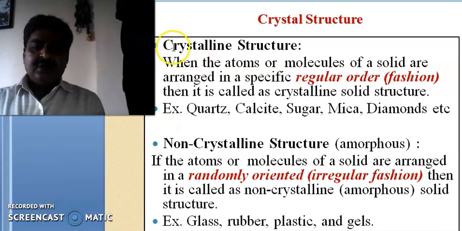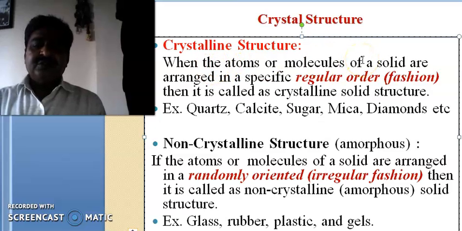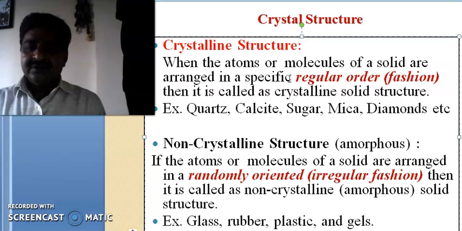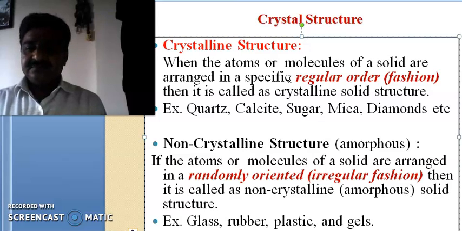Let us come to crystalline structure. What is crystalline structure? When the atoms or molecules of a solid are arranged in a specific or regular order, regular fashion, then it is known as a crystalline solid structure, or simply crystalline structure.